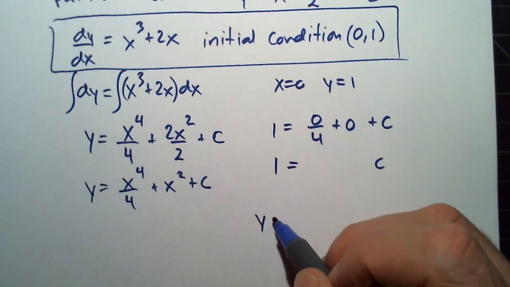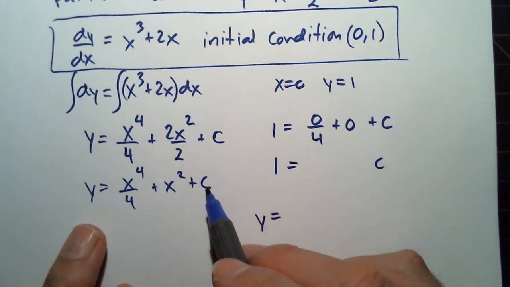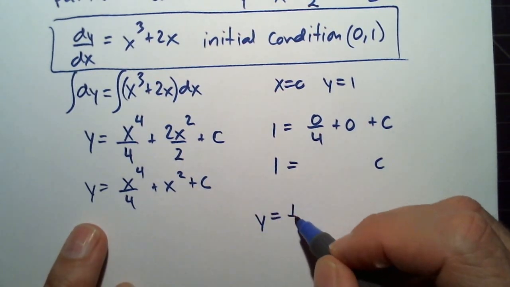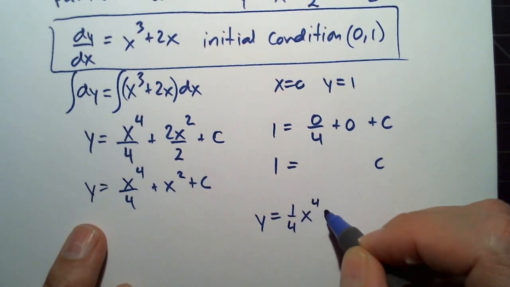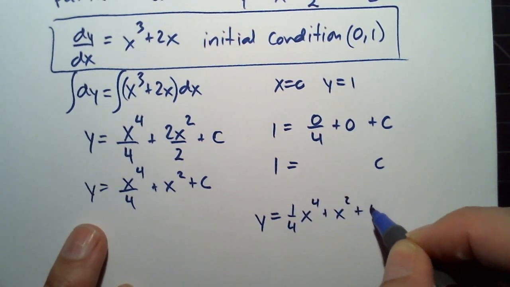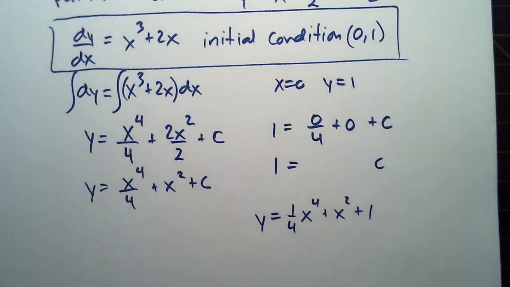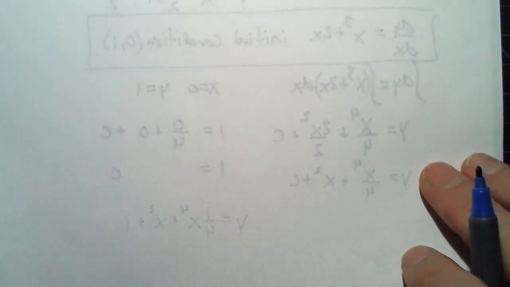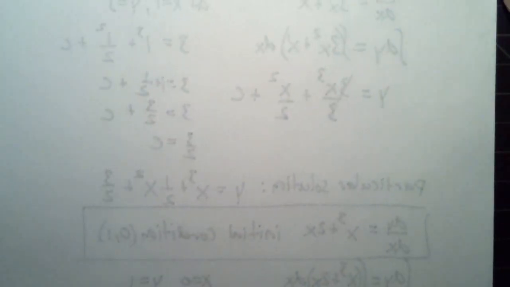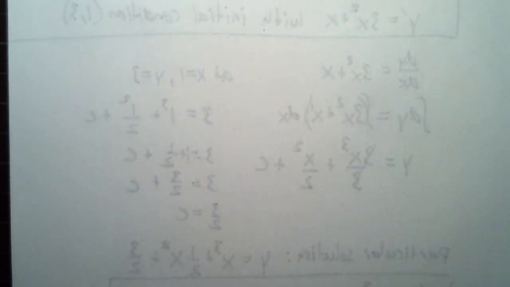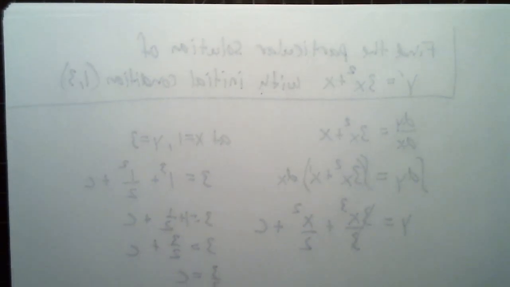And the particular solution is this with a 1 right there. Alright, let's do more of that. Just use some radicals and make sure we can do it with radicals.